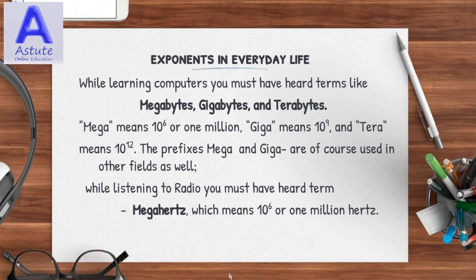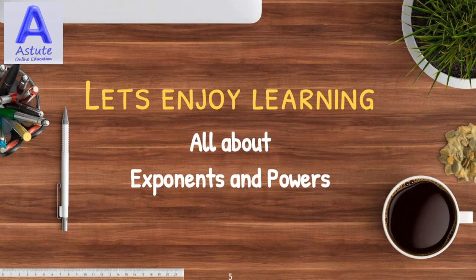The prefixes mega and giga are of course used in other fields as well. While listening to radio, you must have heard the term megahertz, which means 10 to the power 6, or 1 million hertz. Let's enjoy learning all about exponents and powers.